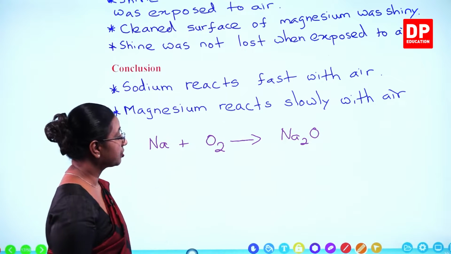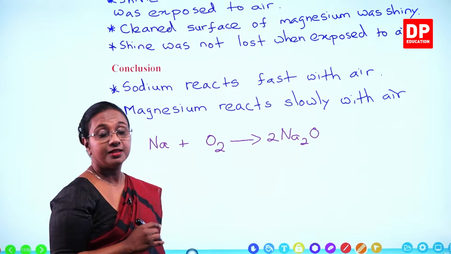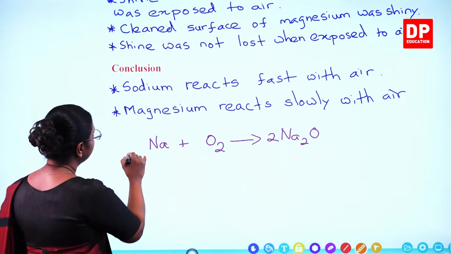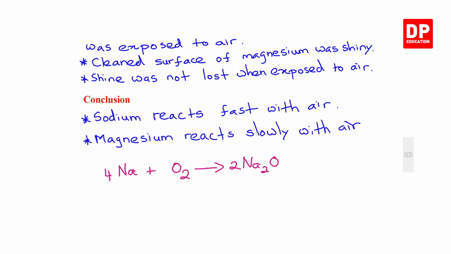We need to balance oxygen, so we put a 2 in front of sodium oxide. That is the coefficient 2. Then to balance sodium, we put the coefficient 4 in front of sodium. So 4 sodium reacts with oxygen forming sodium oxide. This is a very fast reaction.